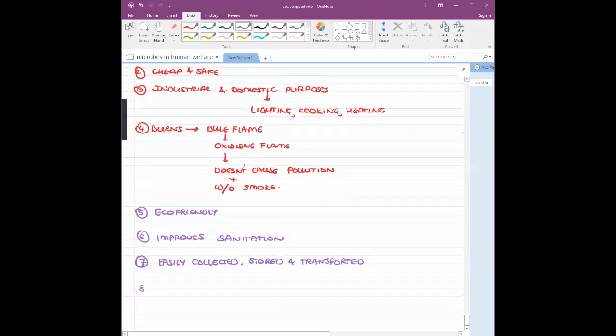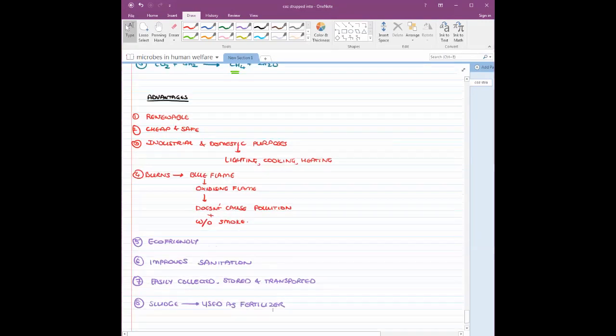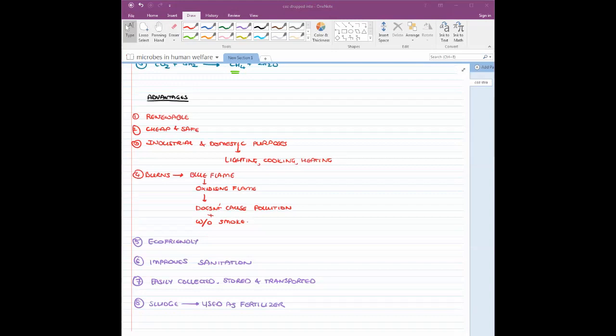Whatever the leftover part is, that sludge, we can say that this can be directly used as fertilizer for your plants. So these are some of the important points that we need to know with regards to your biogas. Okay, just have a look at this and then we'll start off with your sewage treatment plant, guys.